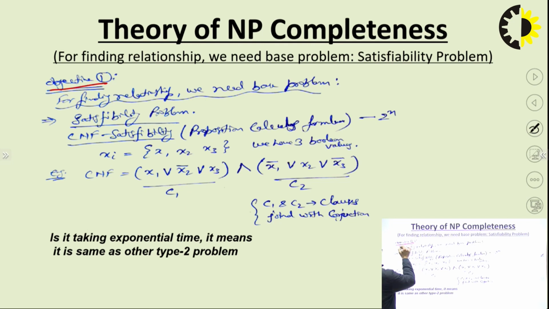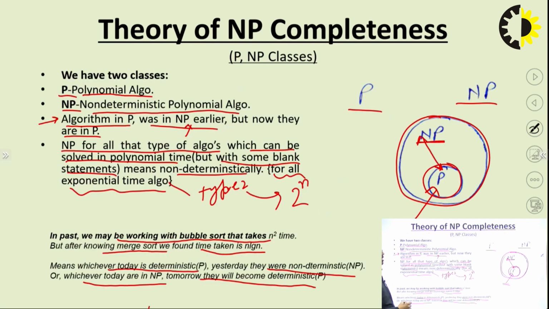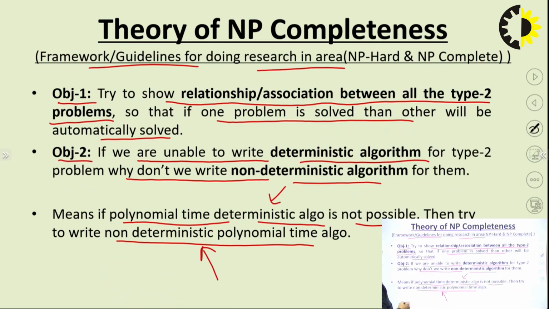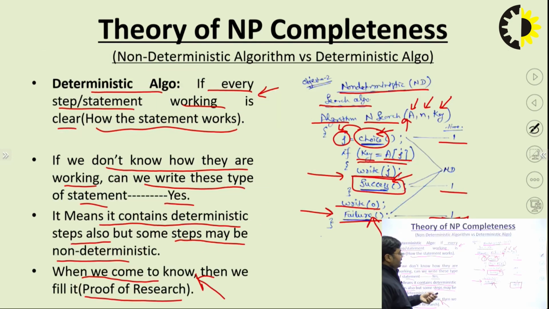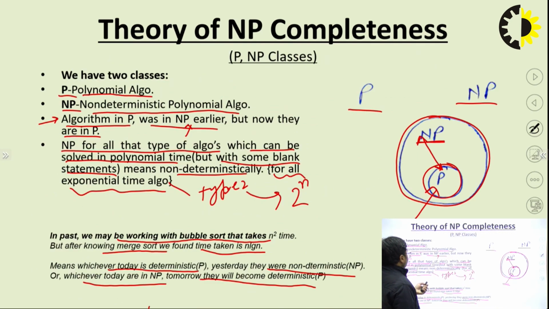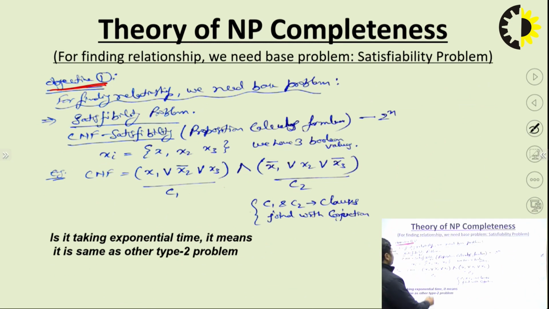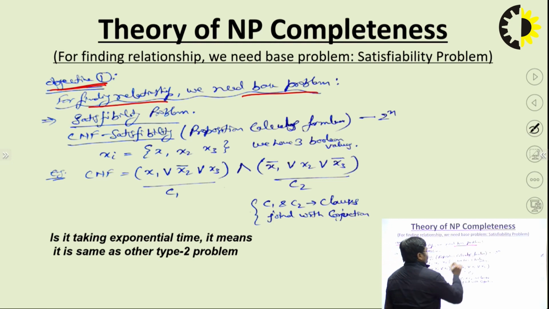This is objective 1 of our algorithm: try to find some relationship between all the type 2 problems, all the problems which are solved in exponential time. How do we find that relationship? For finding the relationship we need some base problem.